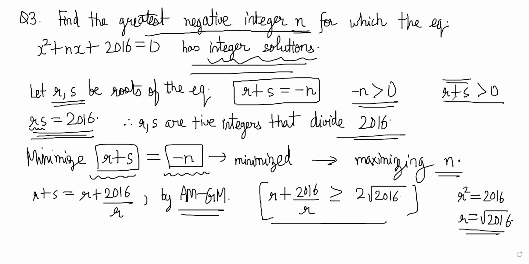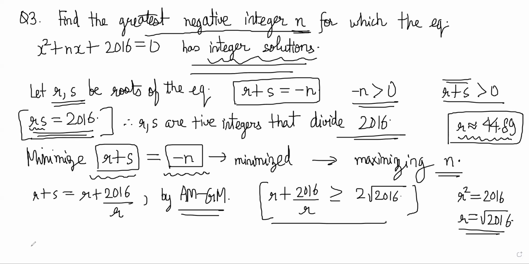But root 2016 is not an integer. If you calculate, that is equal to 44.89. So we have to find the closest integer to this which divides 2016, right? Because the RS product is 2016. And R should be close to this for minimization, but it should also be a factor of 2016.